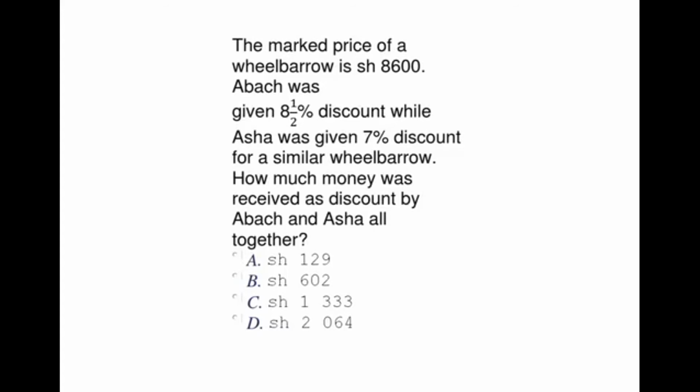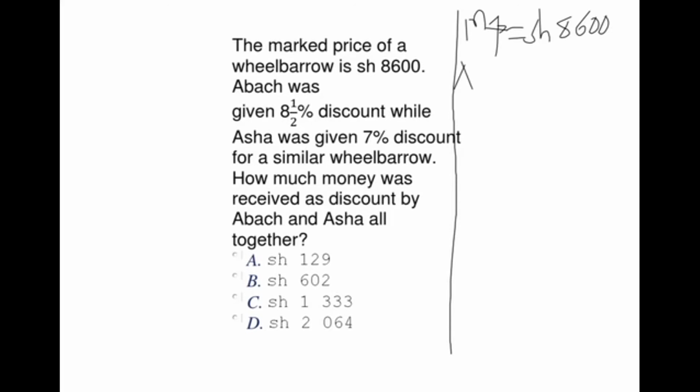The market price of a wheelbarrow is 8,600 shillings. A batch was given 8.5% discount, while Asha was given 7% discount for a similar wheelbarrow. How much money was received as discount by a batch and Asha altogether? So we have the market price of the wheelbarrow being 8,600.